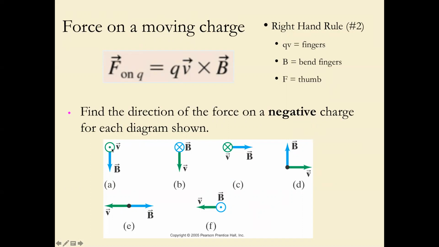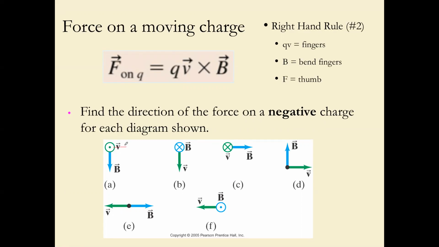So for the first example, V is out of the page. So put your fingers, let me change this to the pen, put your fingers in the direction of out of the page, and the magnetic field is downward. So bend your forefinger in the direction of the magnetic field downward, and you will see that your thumb will point to the right.